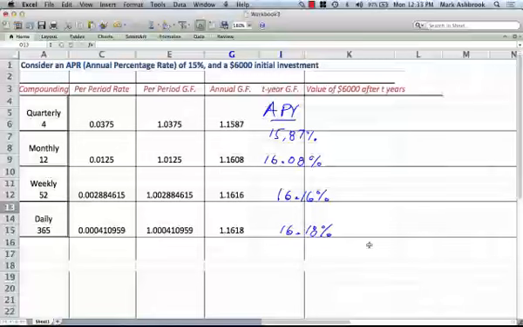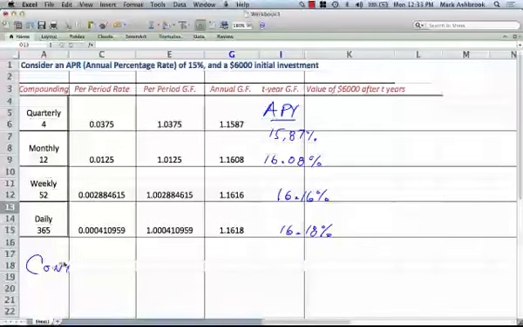Infinitely. Every moment. It's basically seconds or milliseconds or microseconds or whatever, but every moment. If we could compound every single moment, that would be the best we could do for an APR of 15%. This is called continuous compounding. Is that the word you're looking for? Yes. Continuous compounding.